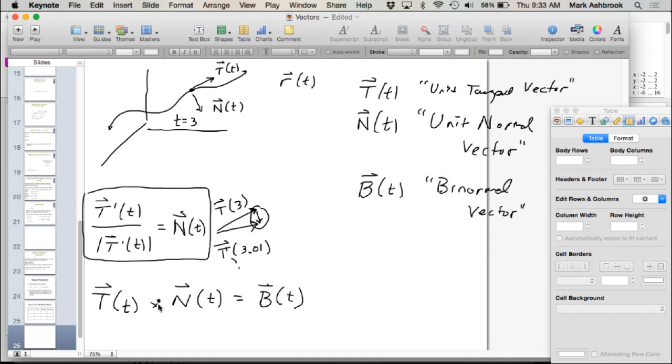And so if it's T cross N, then based on my sketch up there, that'll be another unit vector. Can you determine what's the orientation of that vector? Can you figure it out? If it's T cross N. Coming right out at us. Not quite.